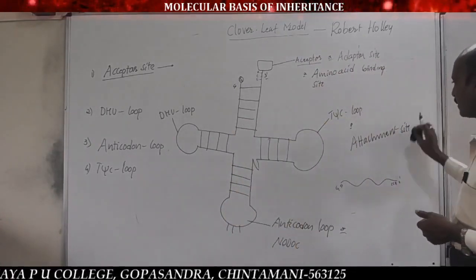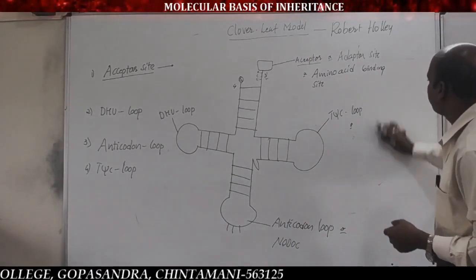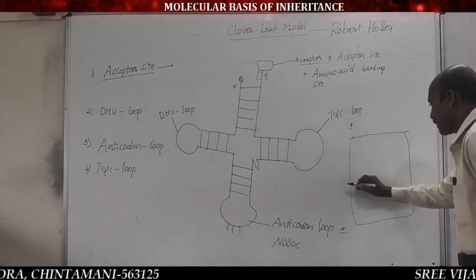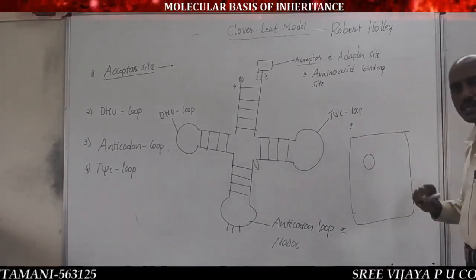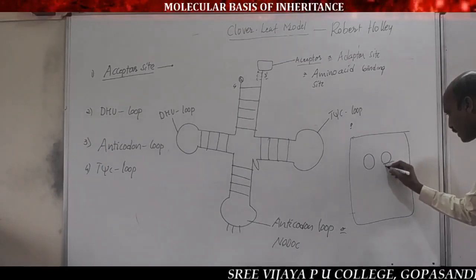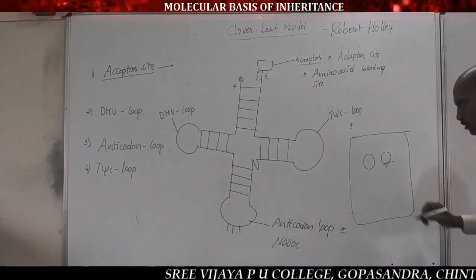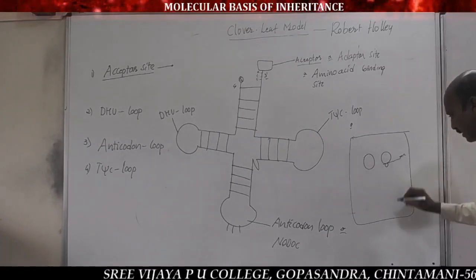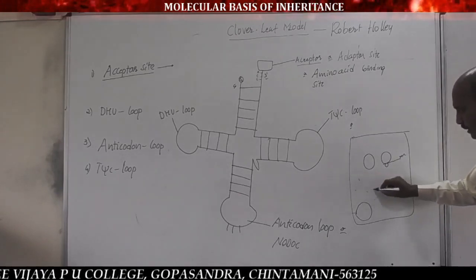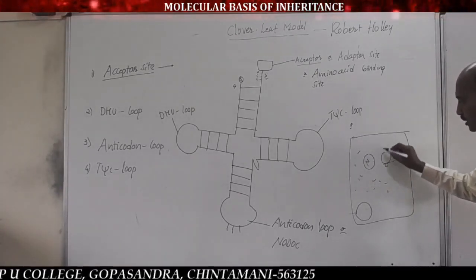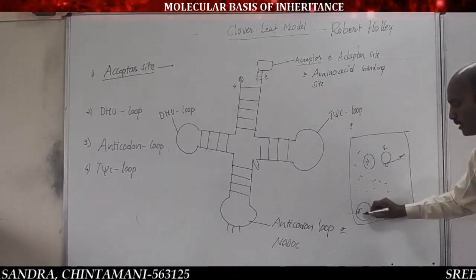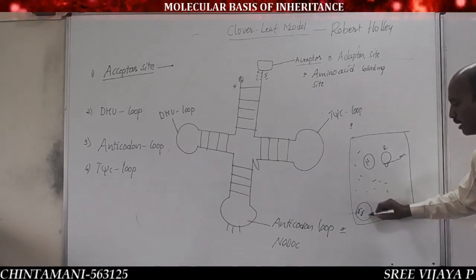Remember this point. For example, this is one cell. In this cell, this is the nucleus and this is the ribosome, either 70S or 80S type, and this is the mRNA, and this is the area of amino acid pool present in the cytoplasm of the cell. The nucleus, ribosome, mRNA and amino acid pool containing 20 different types of amino acids.